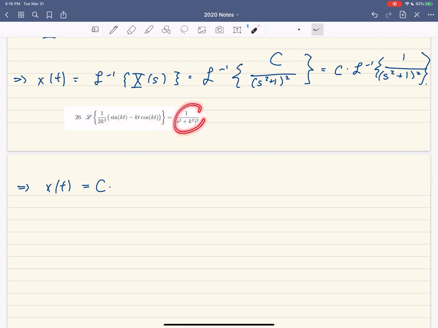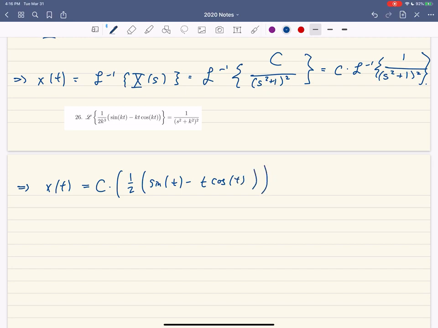So the inverse Laplace transform of the right side is going to be the left side. So I'm just going to copy down the left side where k is 1. So we end up with, let's see, 1/2 times sine of 1t minus 1t cosine of 1t.